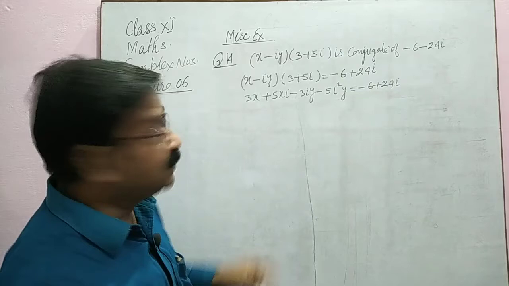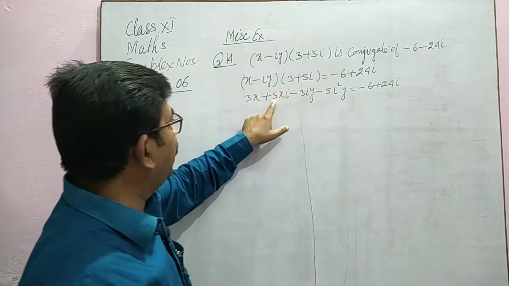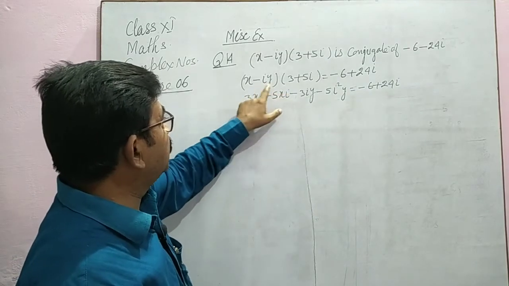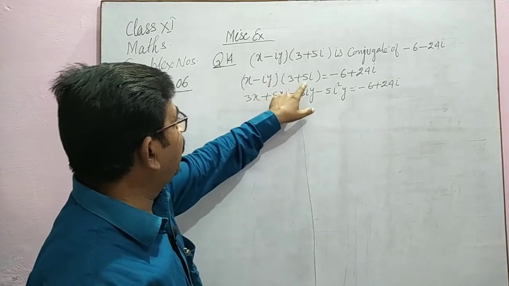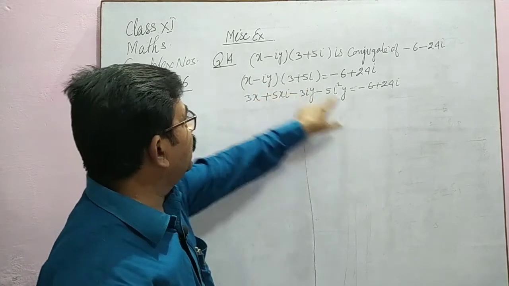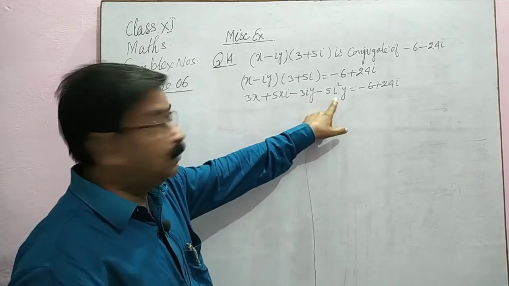Let's check the multiplication once again. x into 3, 3x, x into 5i, 5xi, minus i into 3, minus 3iy, minus 5i square into y. So i square is equal to minus 1.